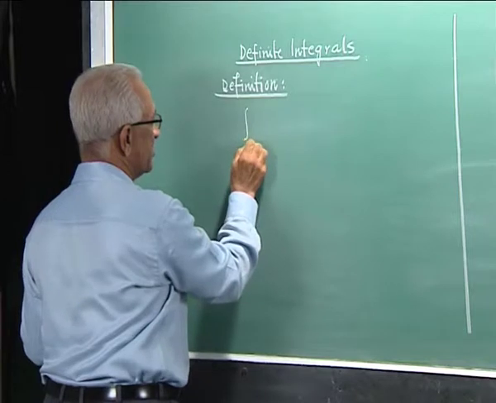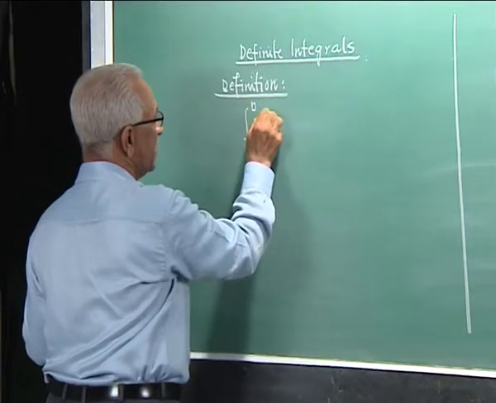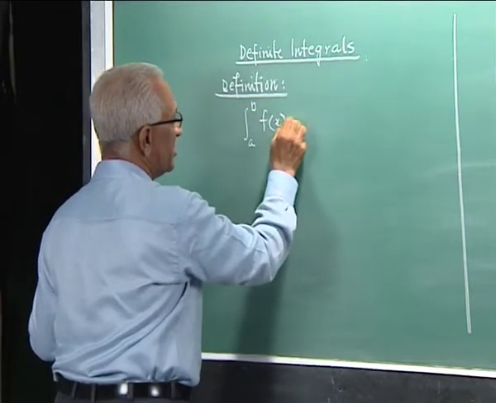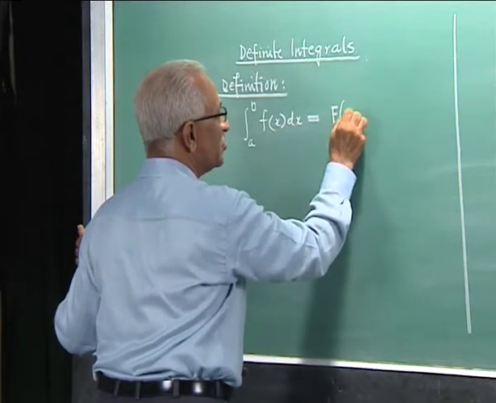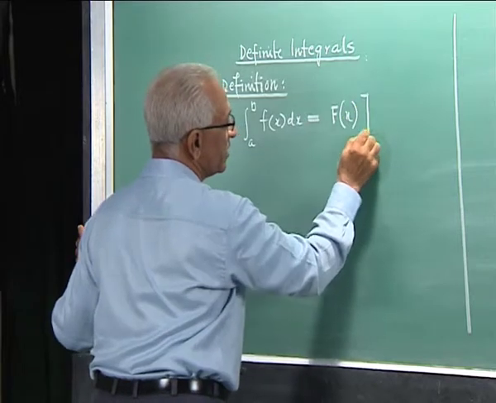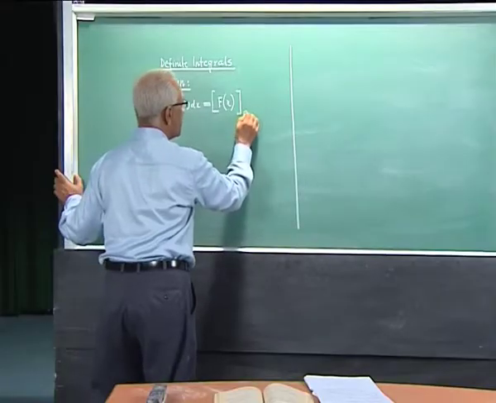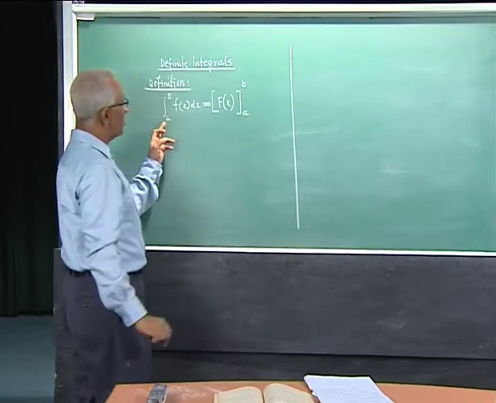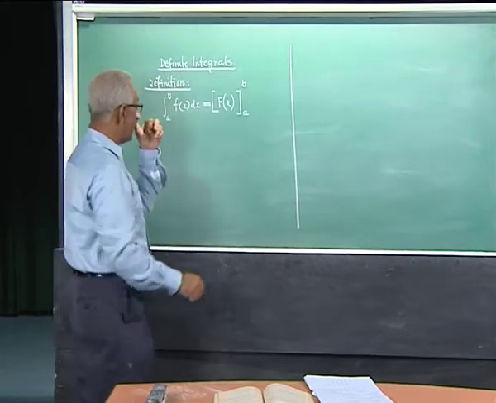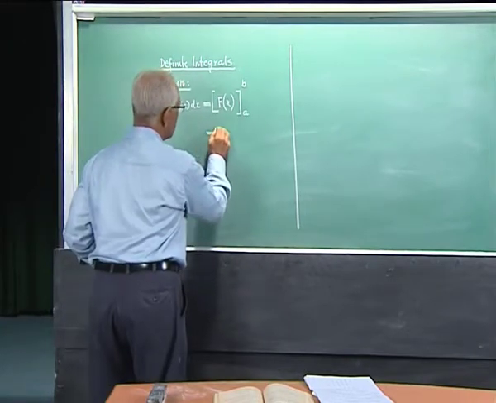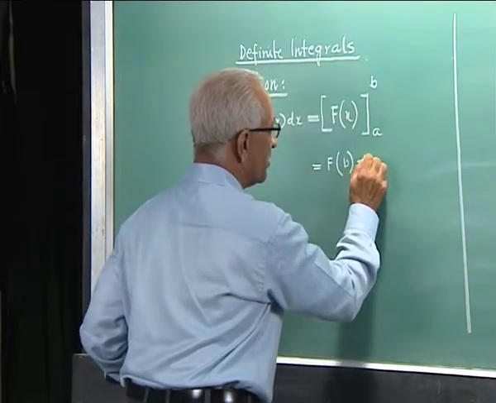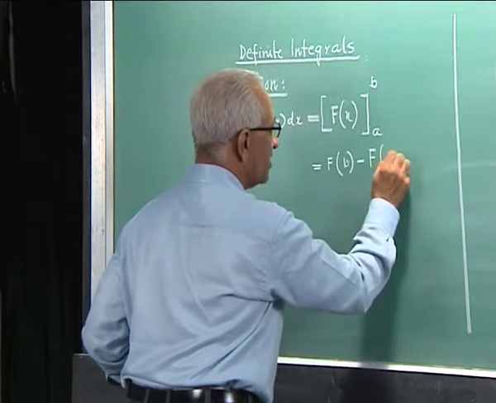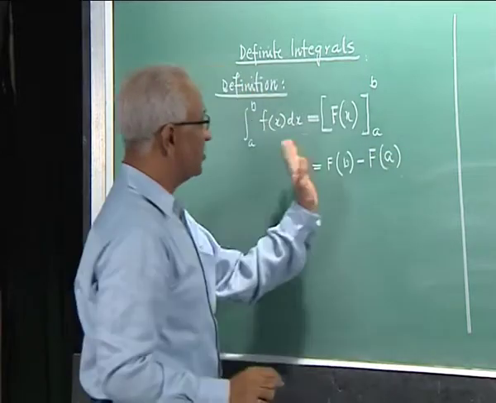This is written as the integral from a to b of f(x) dx, which is an integral like we used to have even before. This is called the lower limit, this is called the upper limit, and finally it is written as: in place of x, I write the upper limit, and with a negative sign I write the lower limit, and that is all.